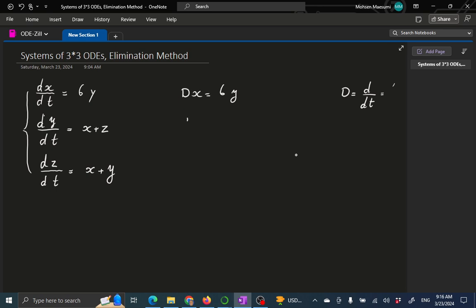The second one reads dy equal to x plus z, and the last one is dz equal to x plus y. You already noticed that this became shorter, because we are not writing the fractions.